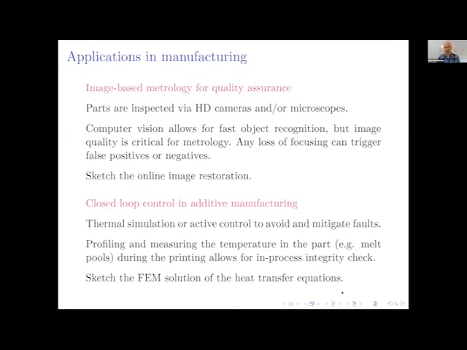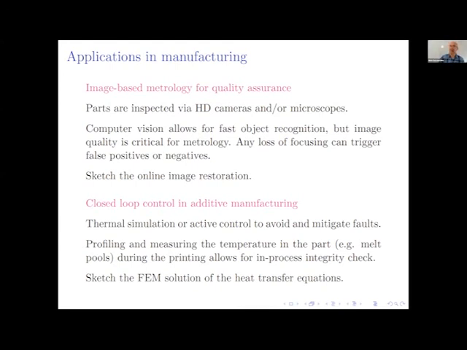The second area is something that to somebody would be something like a digital twin of a process. It refers to closed loop control in powder bed fusion, where they use high intensity lasers to sinter powder into solids. And while they do this, they extract temperature data from the surface, and that data gets fed into a digital model that would profile what happens inside the part as it gets printed.